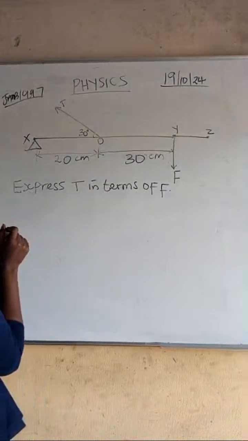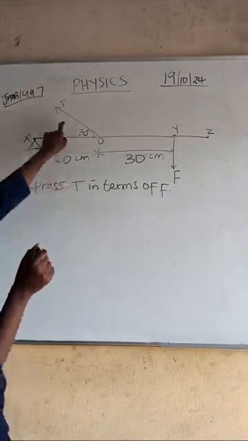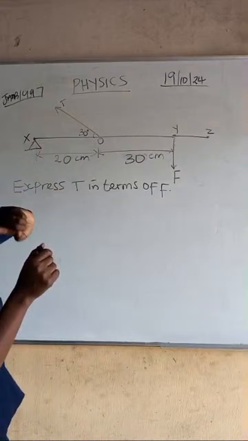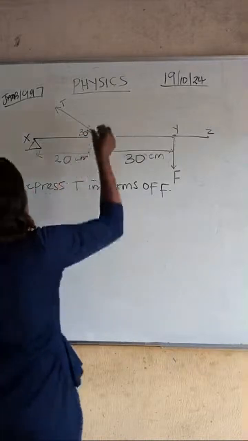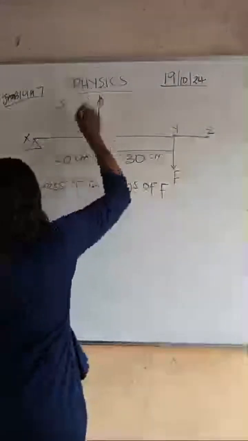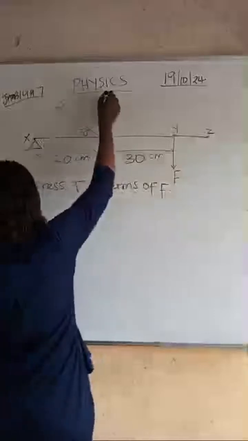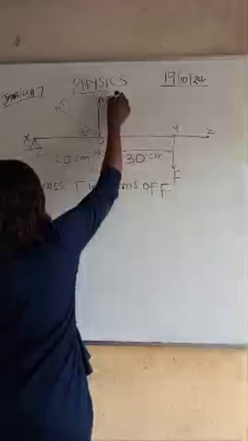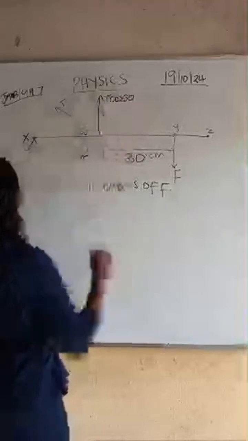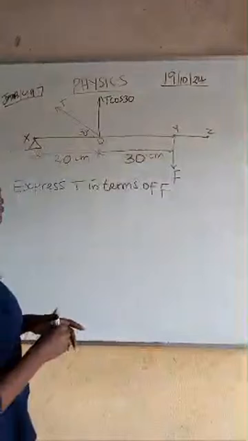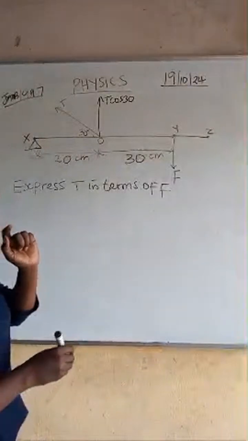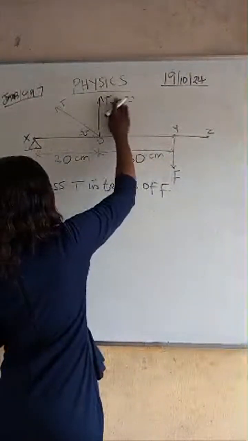But before we can do that, look at this. This is inclined and we need a vertical vector. So I'm going to resolve it, okay, to the vertical. If we resolve it to the vertical, it's going to be what? T cos 30, right? It's going to be T cos 30 because we're resolving to the vertical is what?